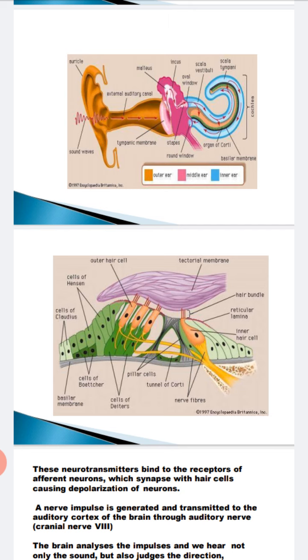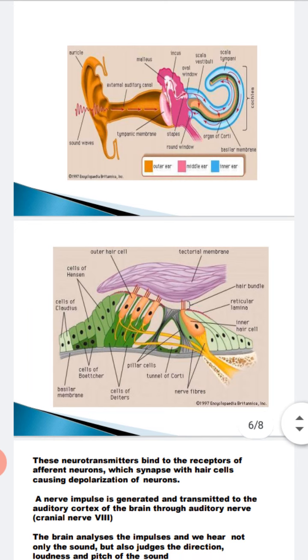Naturally, when the sound comes, the tympanic membrane is big, and vibrations should occur in the perilymph and endolymph too, so the intensity should increase. How will it increase? Through a narrow passage, the oval window. When something comes from a broad area to a narrow passage, it will exert pressure, and due to this pressure, vibrations will reach the perilymph.